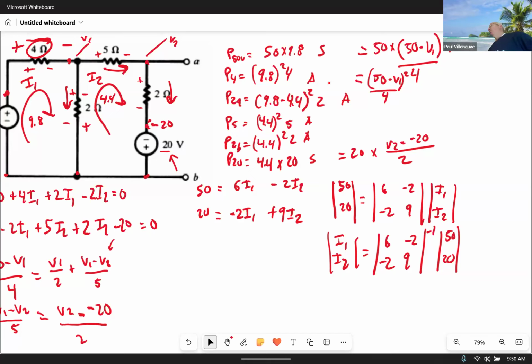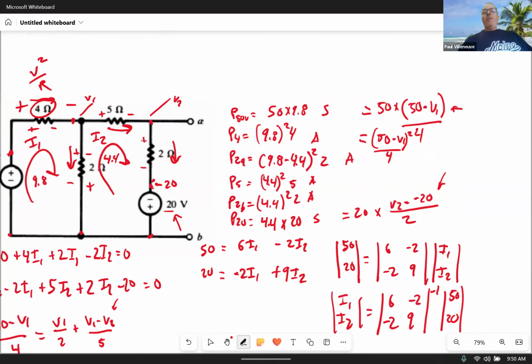And the nice thing about doing the nodal analysis, like this one, you know for sure it's going to be a positive number. Over here, it could be a negative number, couldn't it? It's possible it could be a negative number.